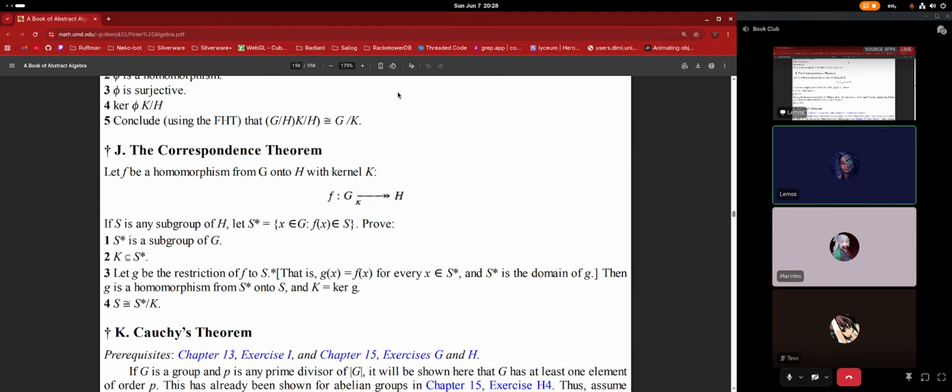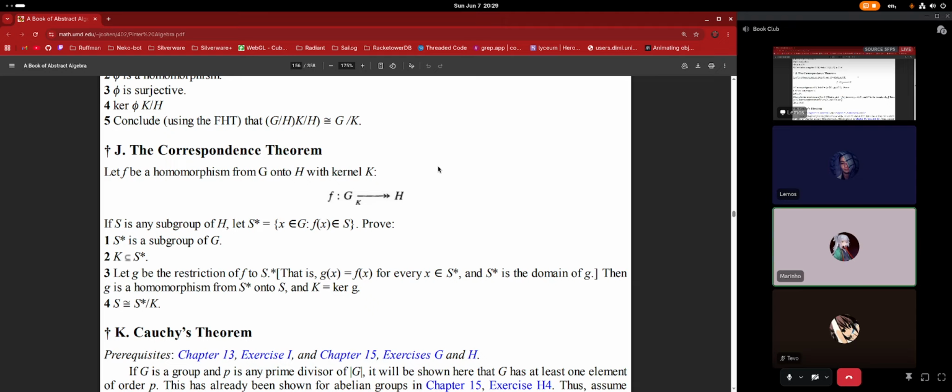Now the correspondence theorem. We have a homomorphism F. If S is any subgroup of H, let S star be all the elements x in G such that F of x is in S. We have to prove that S star is a subgroup of G. You just need to apply the rules of subgroups, right? Kind of, but not quite.